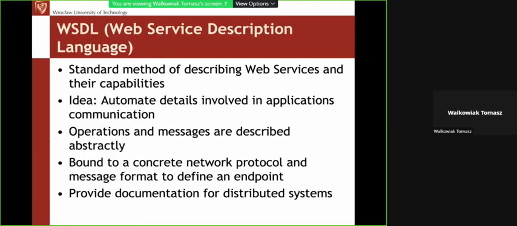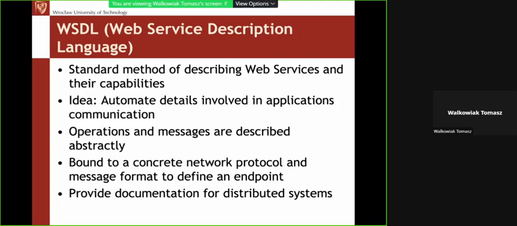WSDL, again a standard connected with SOAP, again XML. But the aim of WSDL is to describe, or self-describe, because it's provided by services, their functionality. So all the technical stuff, types, names, has to be put there.